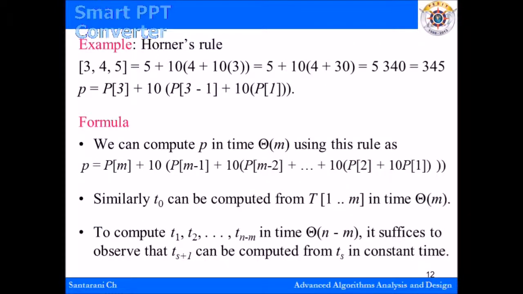As we all know, Horner's rule provides a formula using a precondition and a postcondition. Here, in this example, we consider a number with decimal digits 3, 4, and 5. It can be constructed as 5 plus 10 times (4 plus 10 times 3), and using this, finally we get 345. So p equals p[m], the highest order digit, plus 10 times the next higher order digit, and so on, up to the lowest order digit.